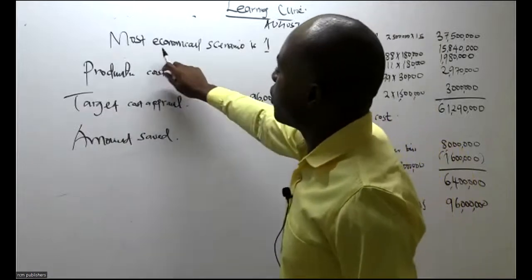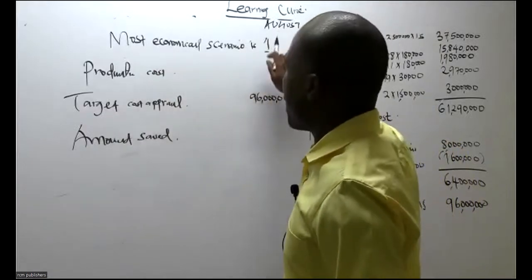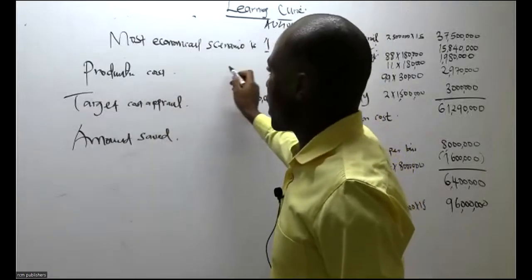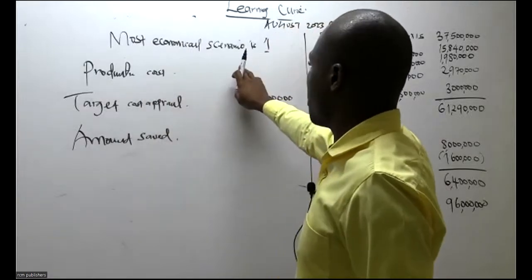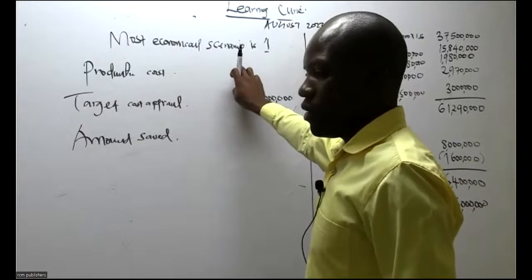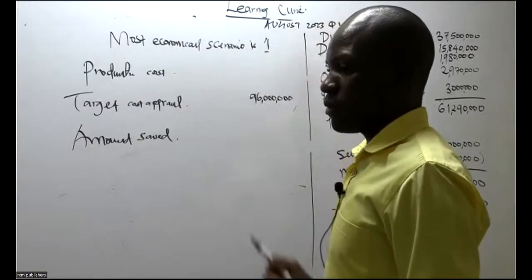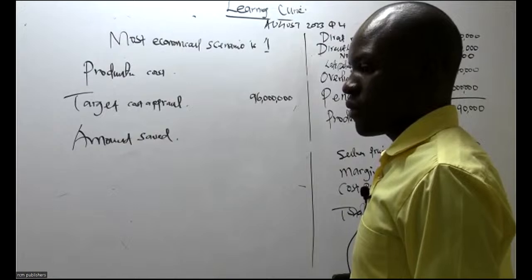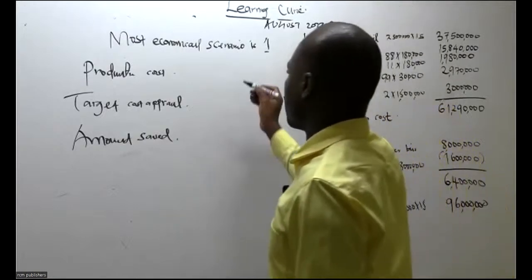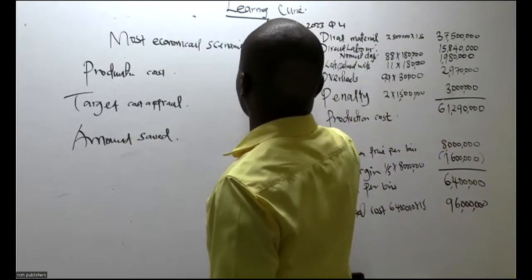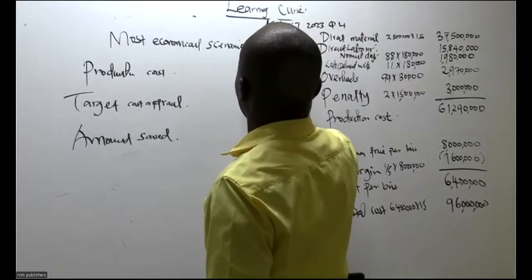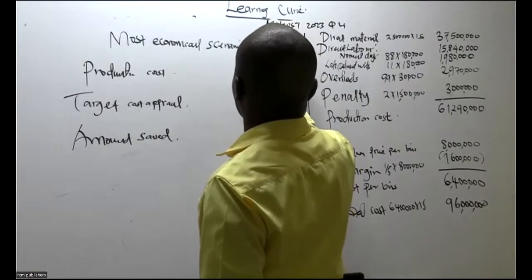But if they use the most economical scenario, which is 1, the production cost we were getting was 59 point something. Was it 59 point something? 59,340,000.